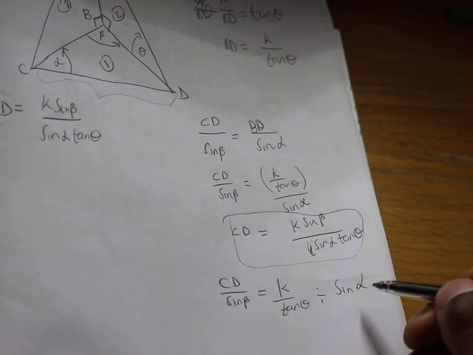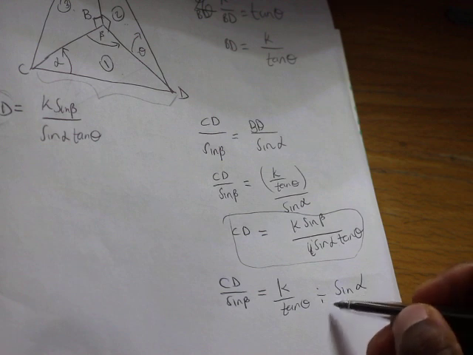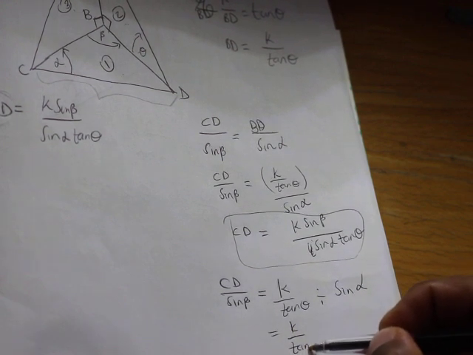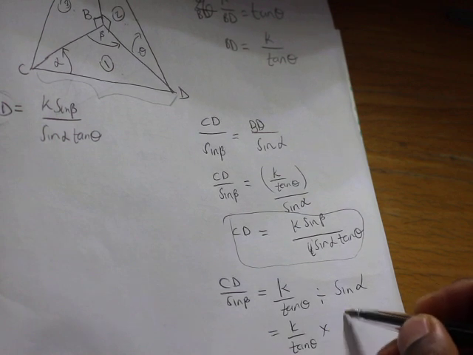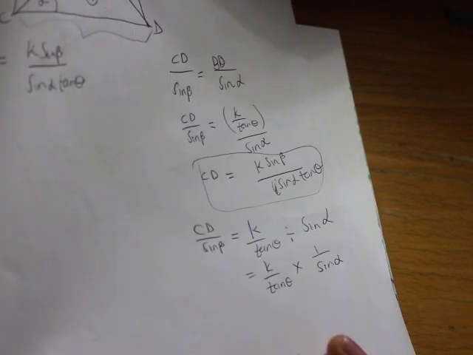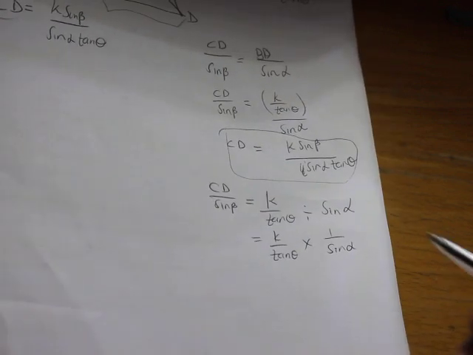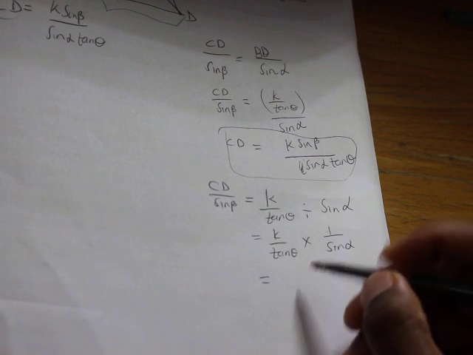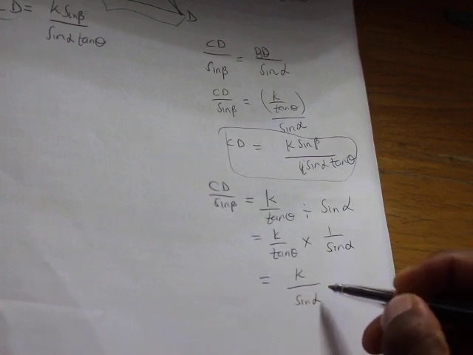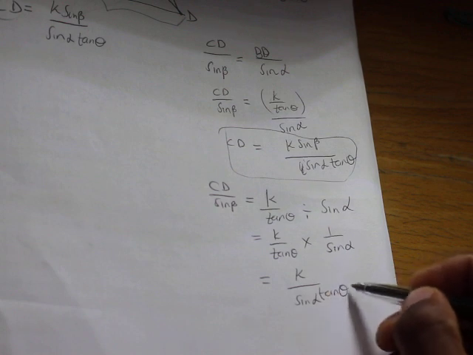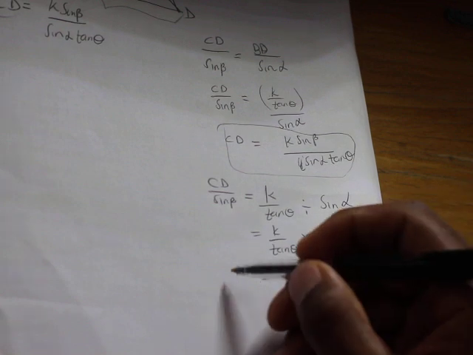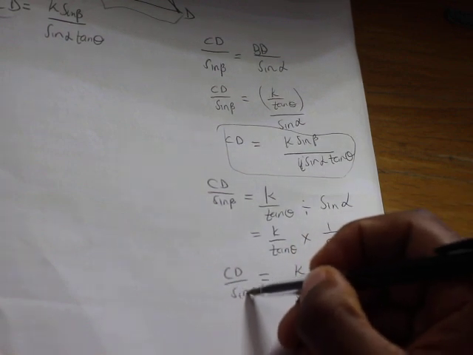But we can change division here to multiplication: K over tan theta times 1 over the sine of alpha. So once that's changed, we've got K over sine alpha tan theta. But now we've got a problem on the left hand side.